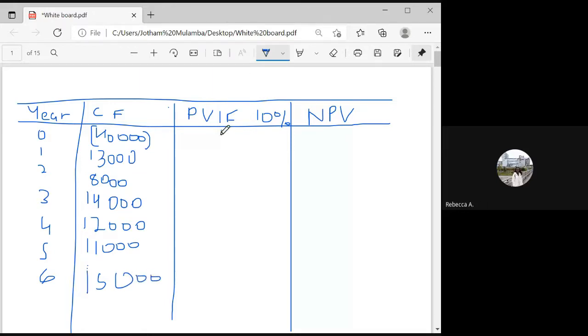0.9091. Year 2: 0.8264. You are able to see what I'm writing? I hope I've written the correct figure.